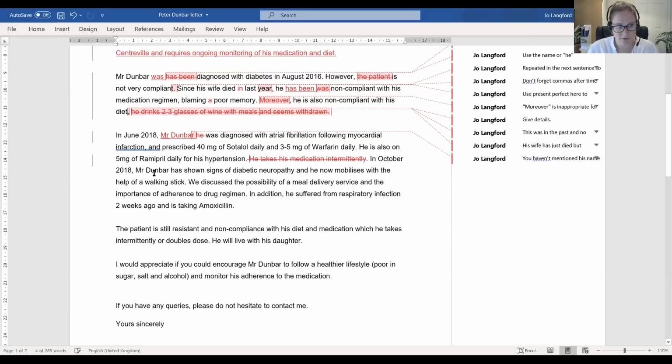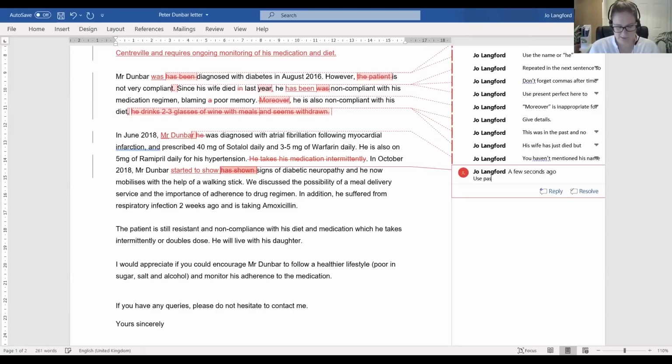"In October, Mr. Dunbar has shown signs of diabetic neuropathy." Okay. It started in October 2018 and it continues now because he now mobilizes with the help of a walking stick. So let's change this to "started to show signs of," and we'll say why.